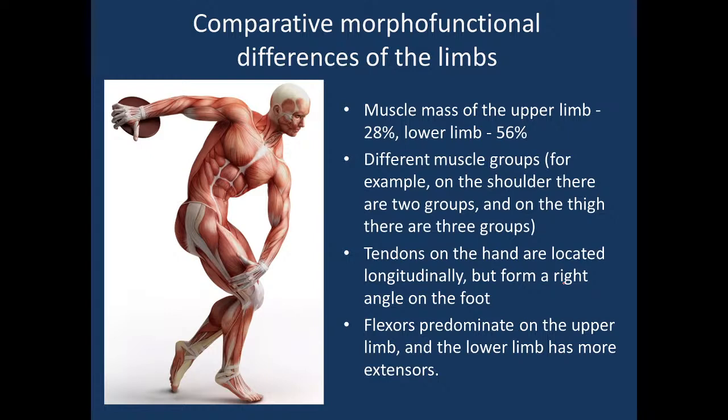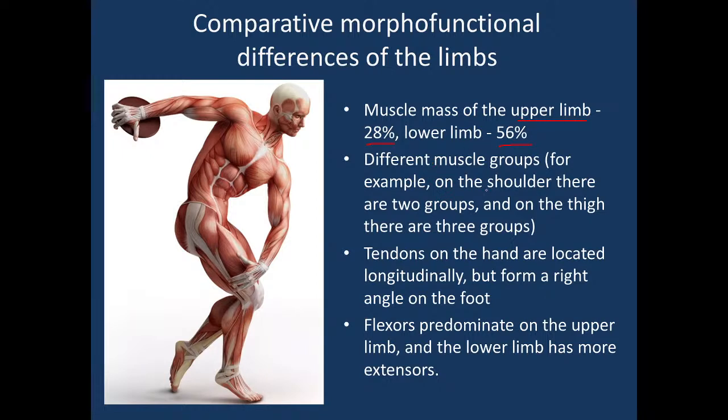Another difference in upper and lower limb consists in the fact that the upper limb has only 28% of the whole body muscle weight, but the lower limb has 56%.